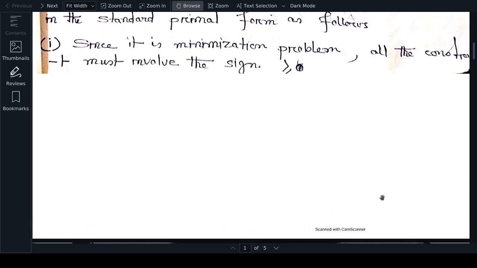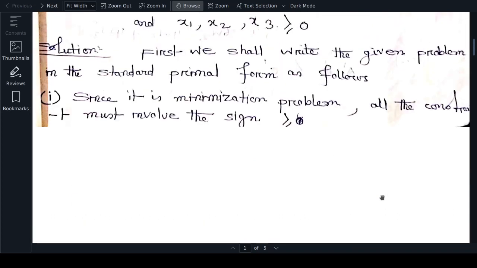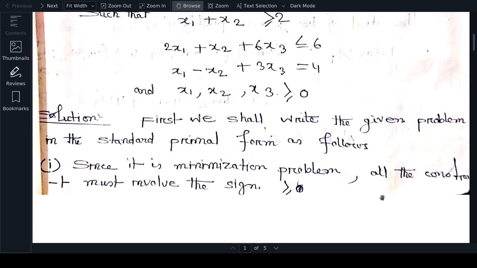So first we check the standard primal form. First we shall write the given linear programming problem in the standard primal form as follows. Since it is a minimization problem, all the constraints must involve the sign greater than or equal to.